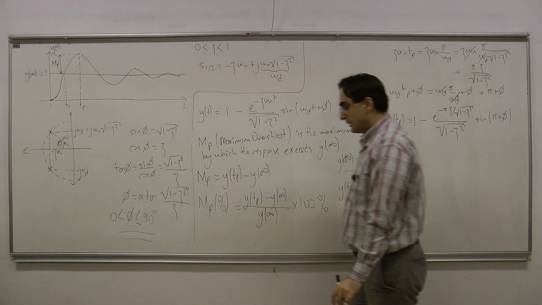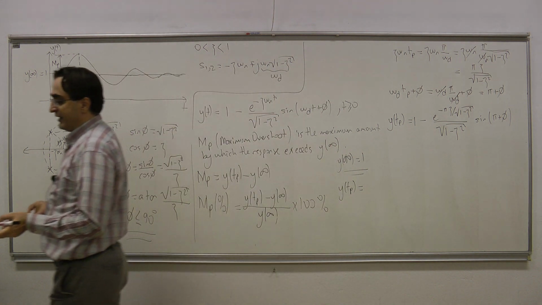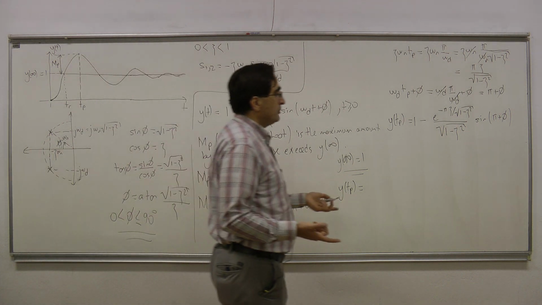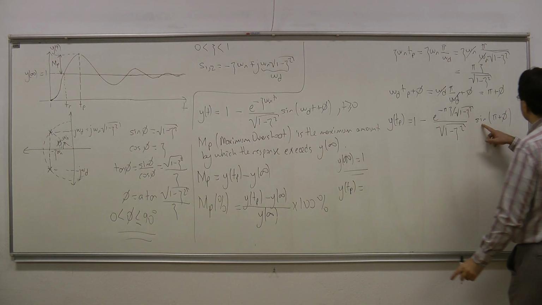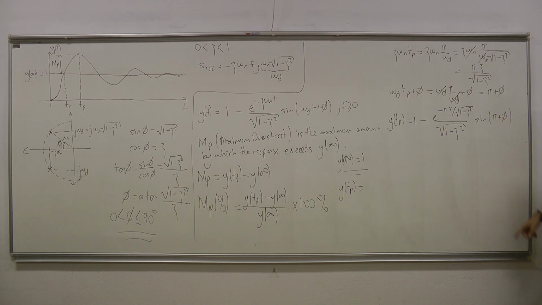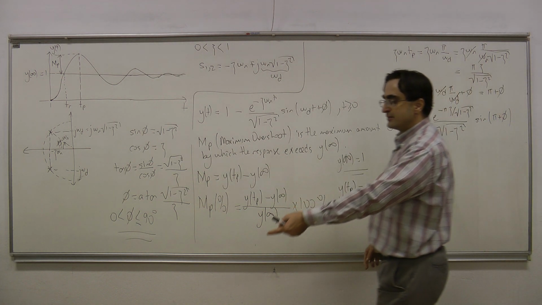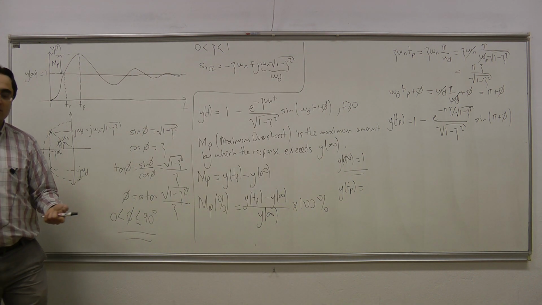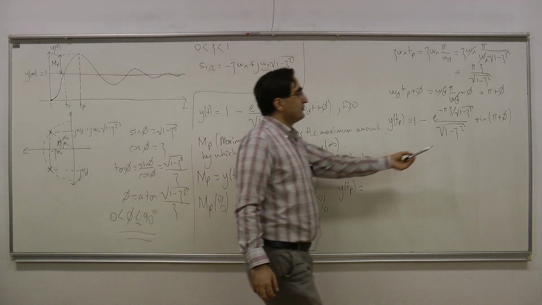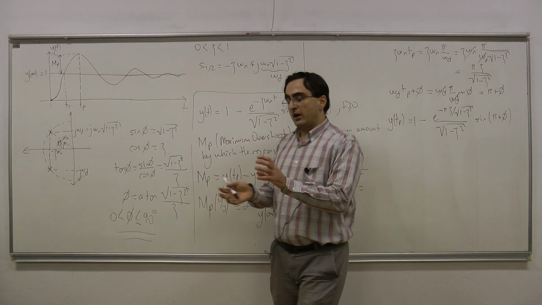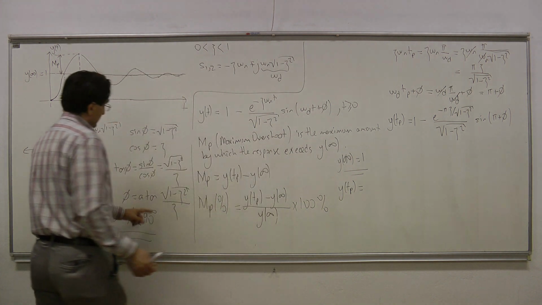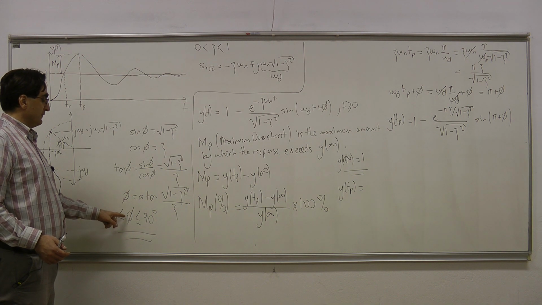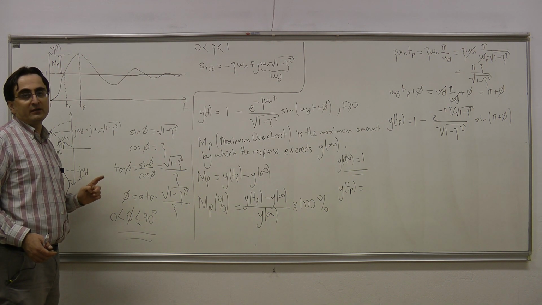Okay? When you have an angle phi, what would be the value of the sine of the angle phi plus pi? If you add 180 degrees to an angle, what would happen to its sine? I have the angle phi here. It is between 0 and 90 degrees. What would happen to the sine value of this angle if I add to it 180 degrees?